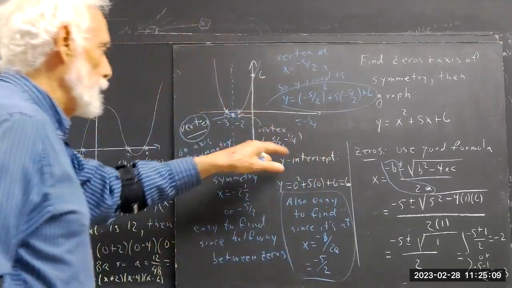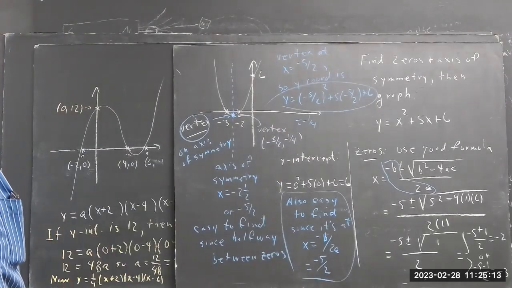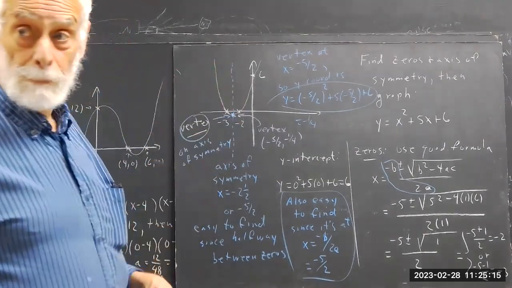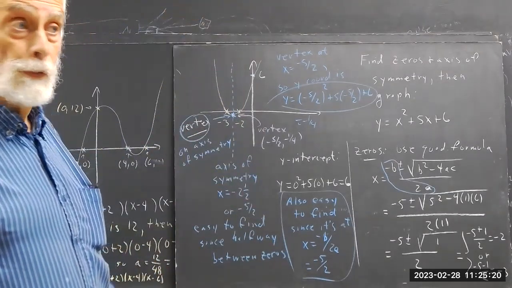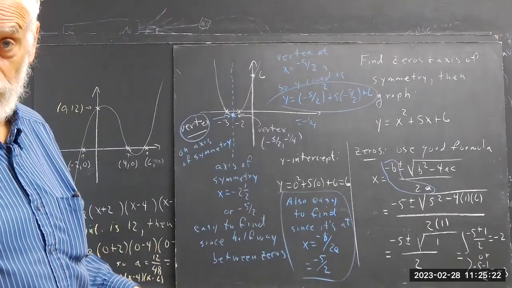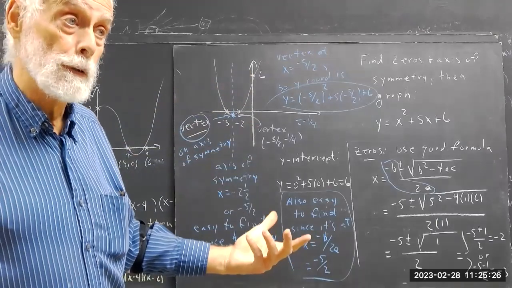There it is. -5/2 has -140. And again, you can find the vertex whether you have zeros or not. The graph could be all the way above the x-axis, could be all the way below the x-axis, doesn't have to go through the x-axis. It does have to go through the y-axis, so you've always got the y-coordinate.